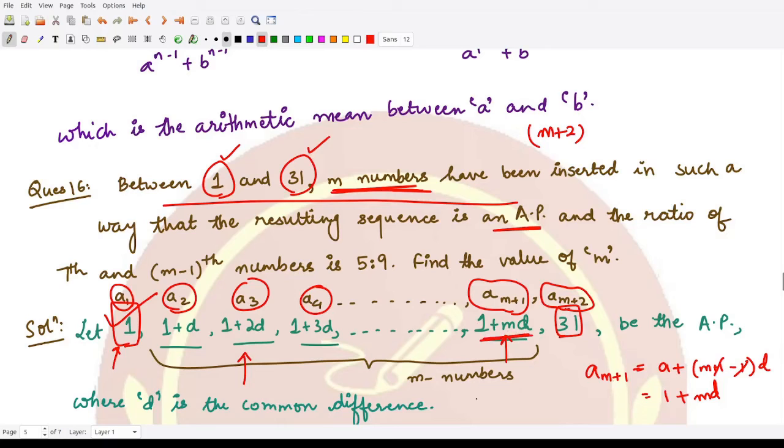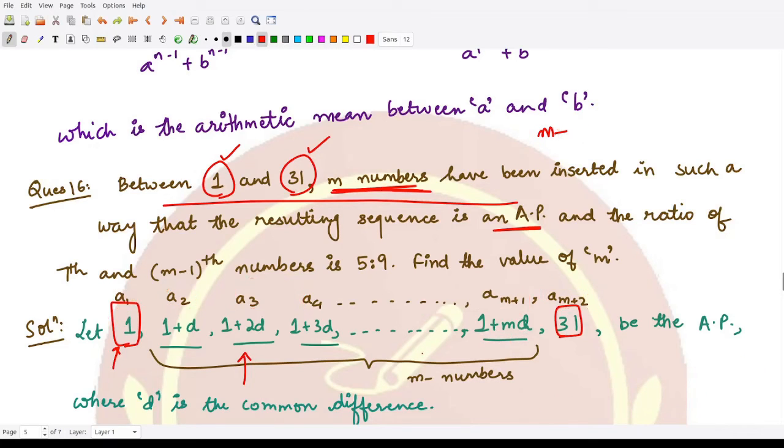Similarly, what would be the value of a4? a4 would be a plus (4 minus 1) times d. The value of a is 1, so it would be 1 plus 3d. So this is your a4. In a similar manner, we have all the terms here. Now from this expression we can clearly see that our (m+2)th term, a(m+2), is given to be 31.